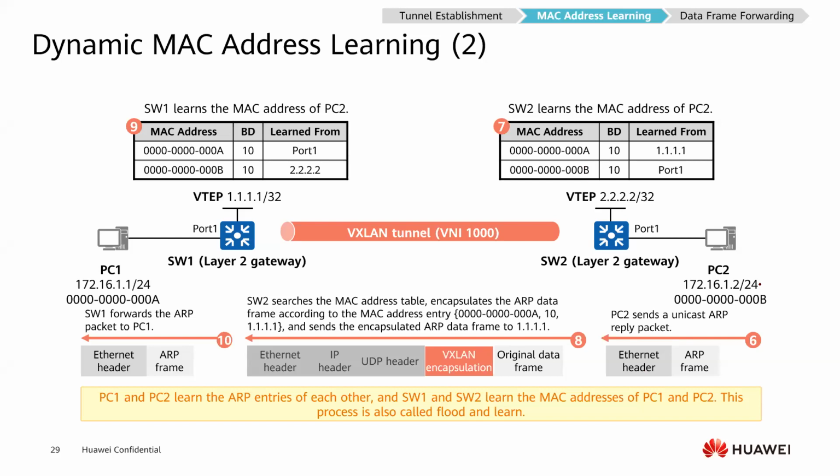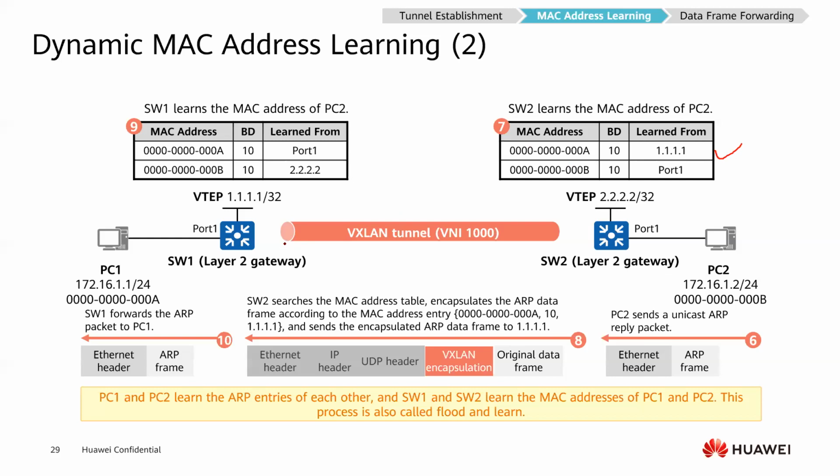So switch 2 will do a MAC address entry lookup, all right, and it will find that it can meet an existing entry, it is this entry, and then it will encapsulate the packet with the VXLAN header and send it to switch 1.